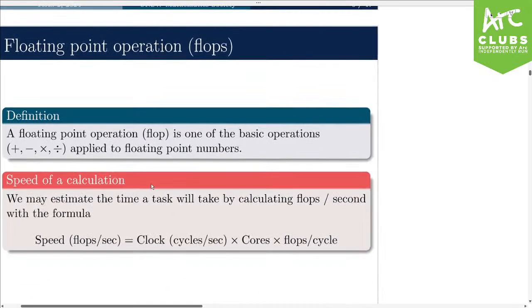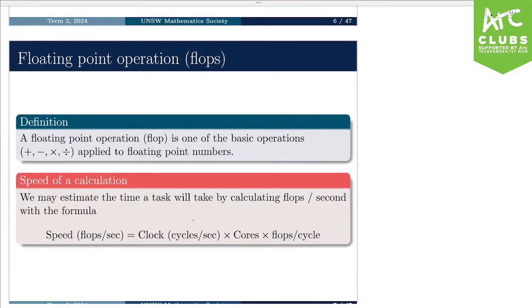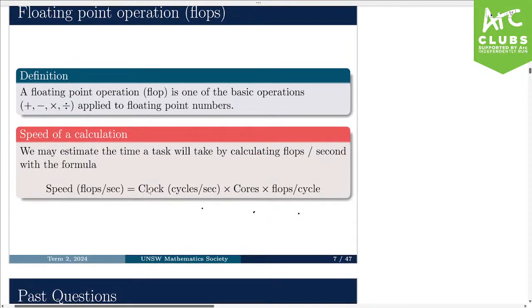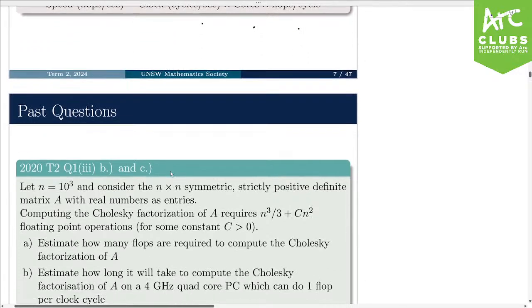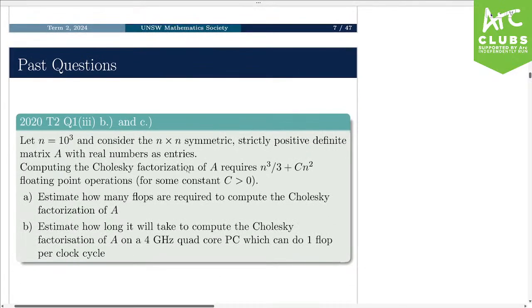We can do that by calculating the speed at which the machine can process flops with this formula. We can multiply all of these together and then we get the speed. Then we can use the speed to estimate the time. So that's exactly what we're required to do in this question.